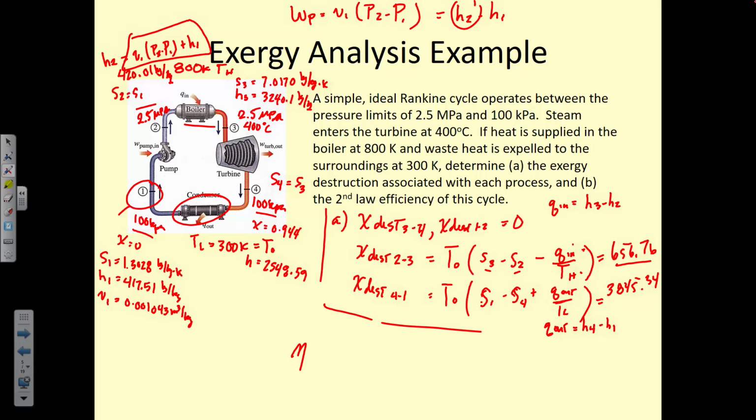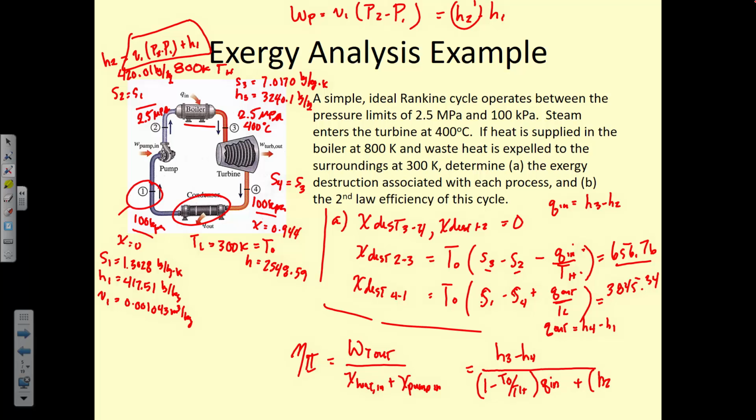Then we can calculate our second law efficiency, which is equal to the work of the turbine out over the exergy of the heat in plus the exergy of the pump in. So that's H3 minus H4 divided by 1 minus T naught over TH times Q in, plus the work of the pump, which is H2 minus H1, or V1 times P2 minus P1. So we calculate our second law efficiency, and we find that it's 39.3%.